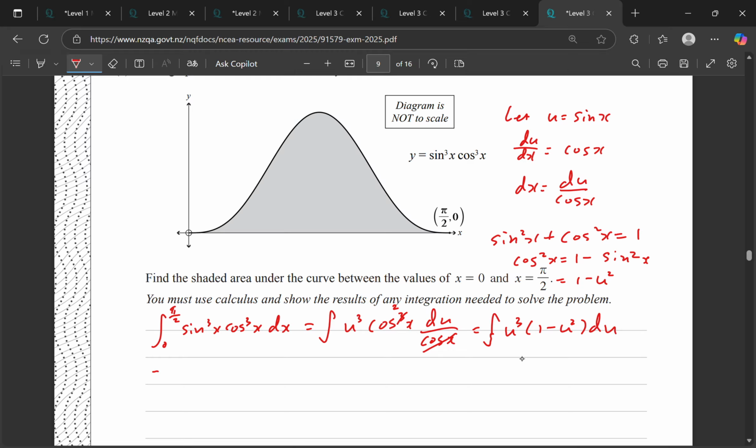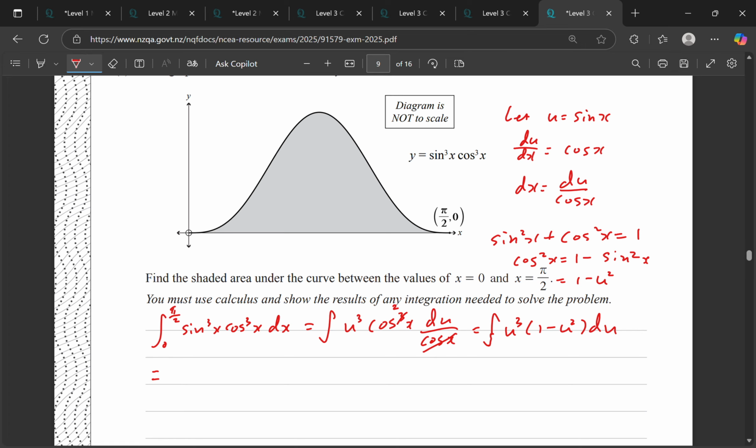Have you noticed I didn't write these limits? Because I changed to u, I don't want to change them now. When I integrate this and u goes back to sine x, I will use the limits.